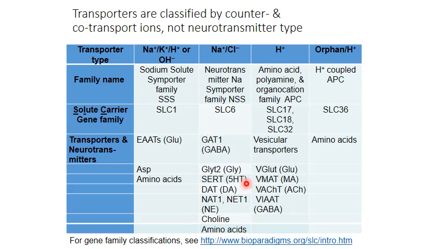So the vesicular transporters hang together, but none of these are segregated by the neurotransmitter biochemistry. They're rather classified according to the co-transport ions, and you just have to learn the names.